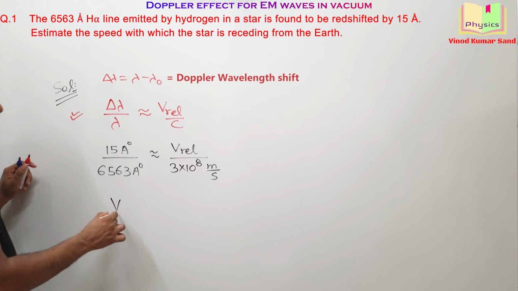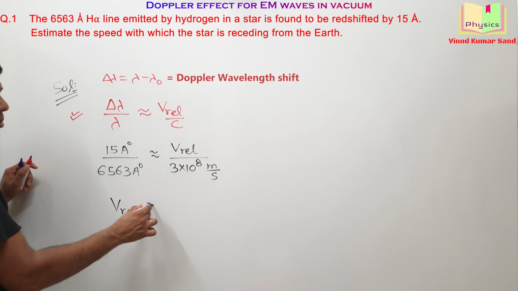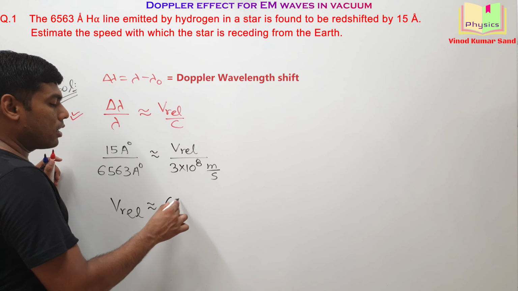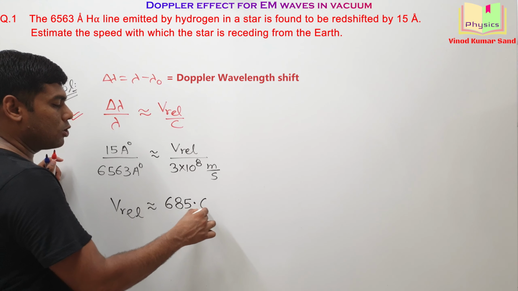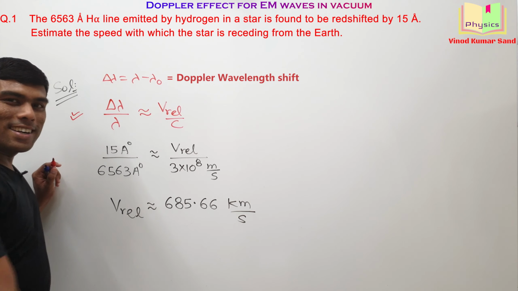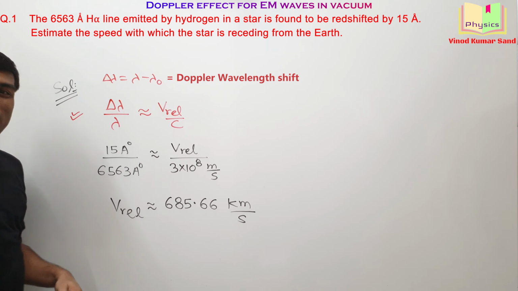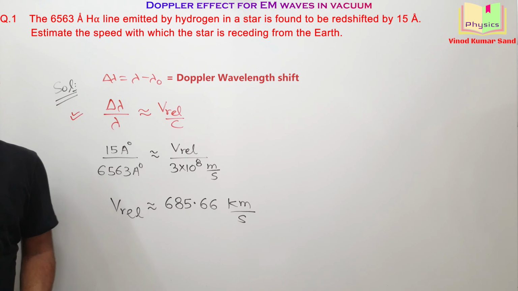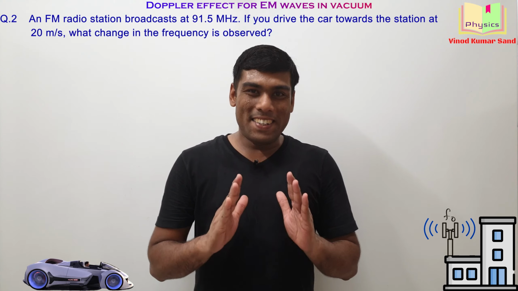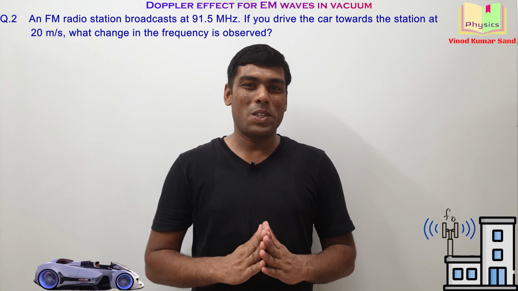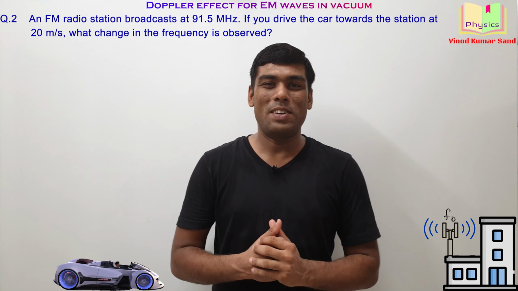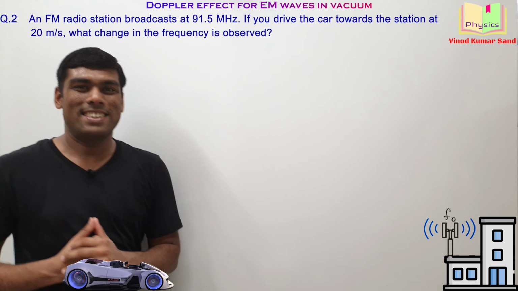When you do the computation, V relative will be almost equal to 685.66 kilometers per second. Note it down, then I'll bring up the next question and ask if you have any doubt. It's another simple formula based question, so if you wish, you may give it a shot, then we'll discuss the answer on the board.